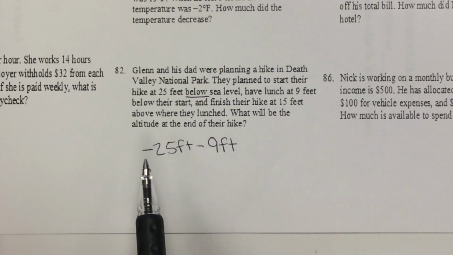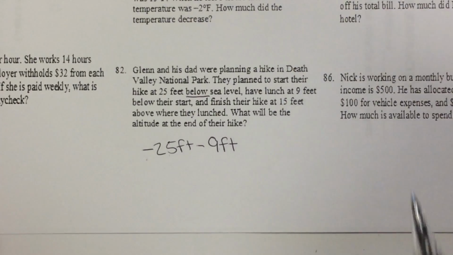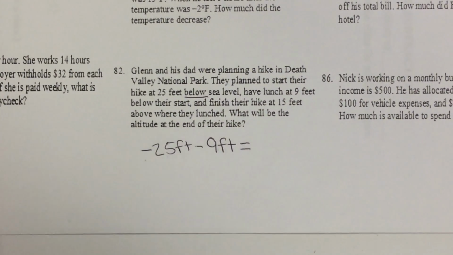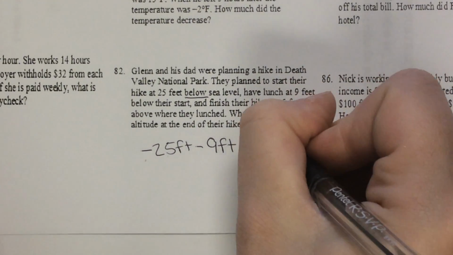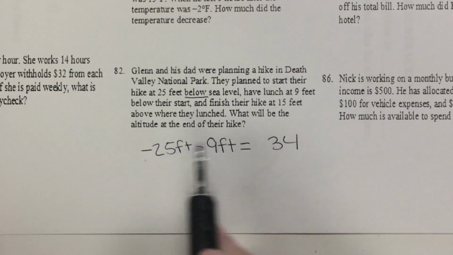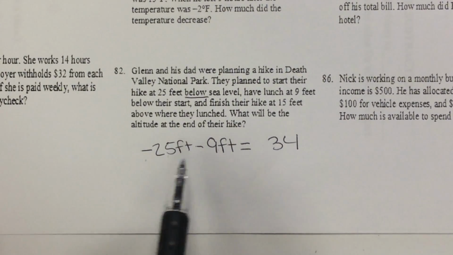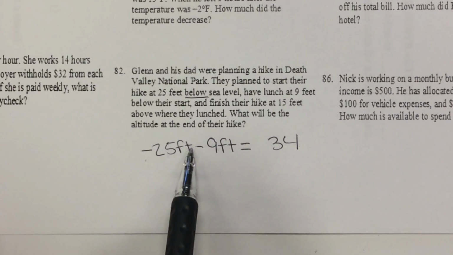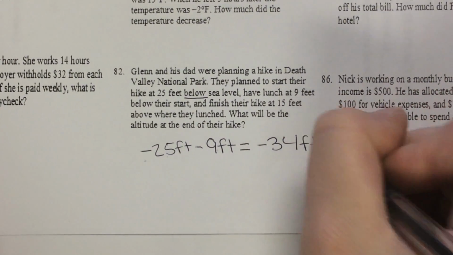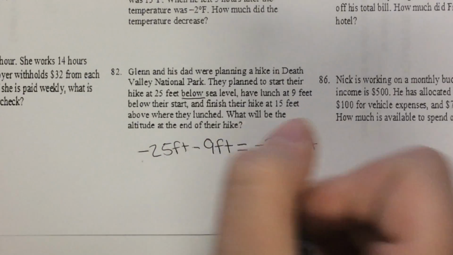Looking here, we have the same signs. These are both negative, okay? So same signs, add and keep. 25 plus 9 is going to be 34. Add and keep. So keep meaning the sign. They both have the same one, so you're going to keep that sign as your answer. So now at lunch, we're at negative 34 feet.